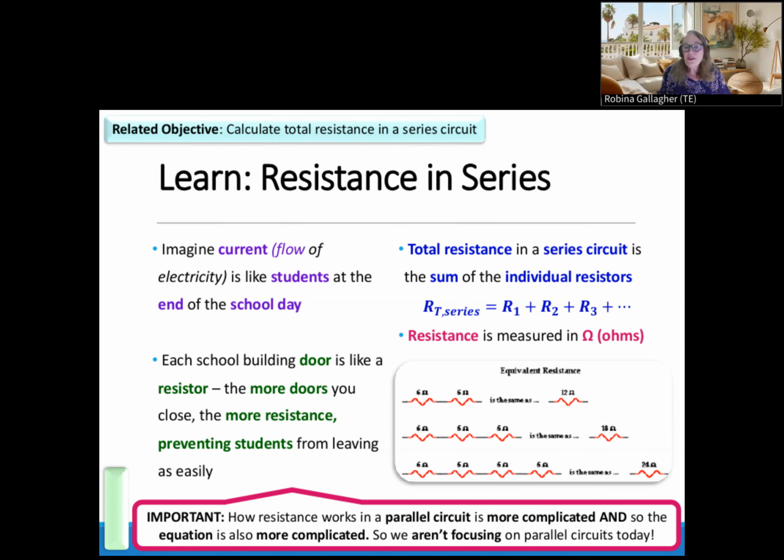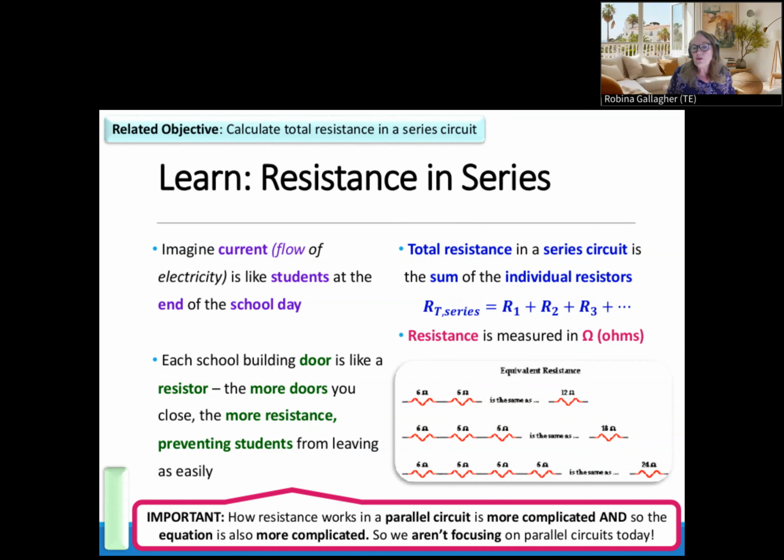So with that, we can calculate the total resistance in a circuit. Now, in this class, we're only going to calculate the total resistance in a series. We're not going to do it in a parallel circuit, just because it's a little more complicated and we've run out of time.